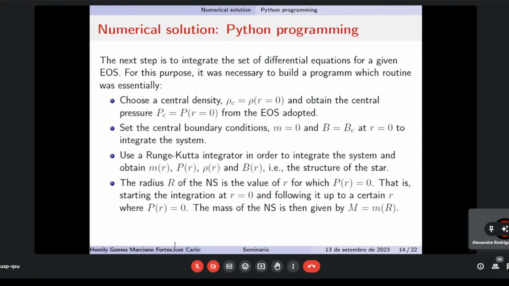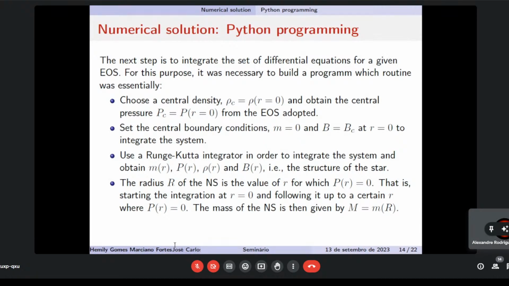The radius, the capital R of the neutron star, is the value of r for which the pressure vanishes. So we have the pressure at the center of the star, and we can perform the integration till the pressure becomes 0.